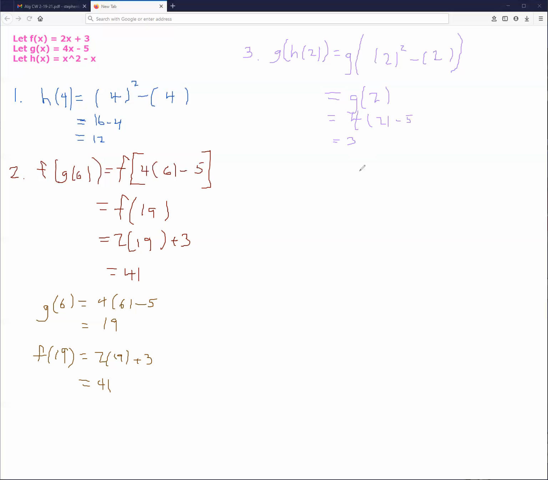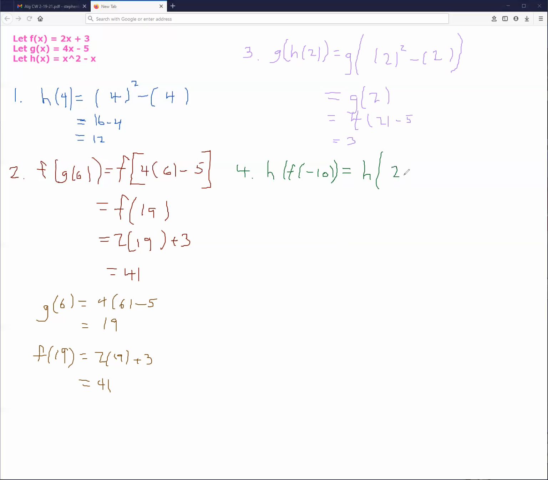Now, I've been very adamant about writing the numbers in parentheses. Why is that? Well, let's do a different question. Let's say we do h of f of -10. That might give us a slightly large number to work with, but that's okay. We've got calculators. All right, so f of -10, what does that look like?